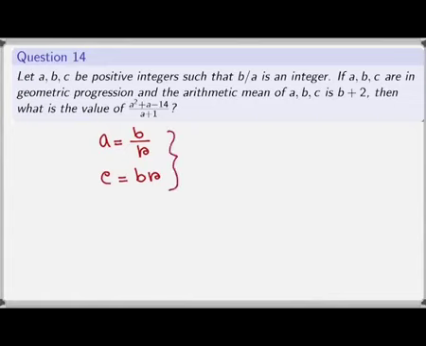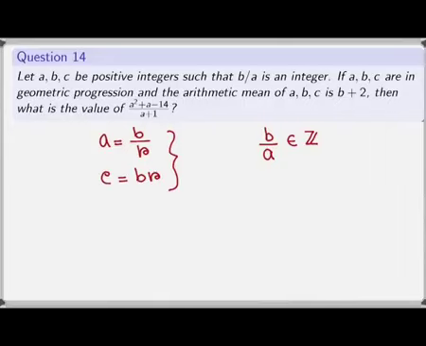We are given that B by A is an integer. In fact, we know that B by A is a positive integer as B and A, both of them are positive.